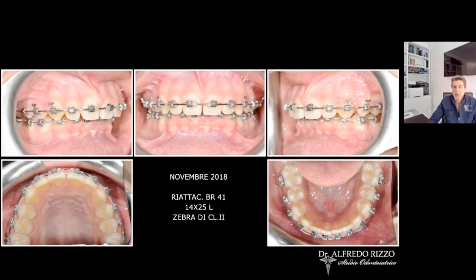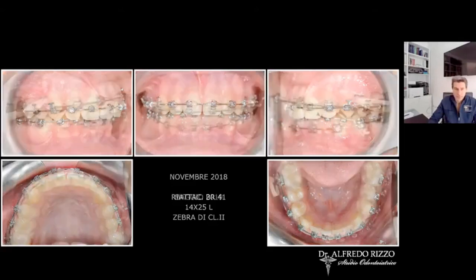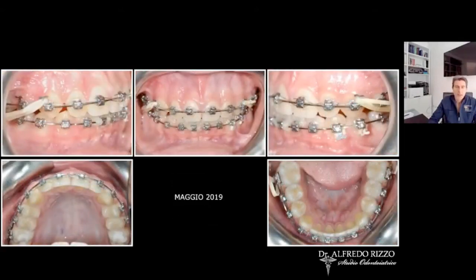We have also rebonded 4-1 bracket. We have added build-ups for disocclusion. We continue using the elastics. We already have stainless steel arch wires and 6-ounce elastics.